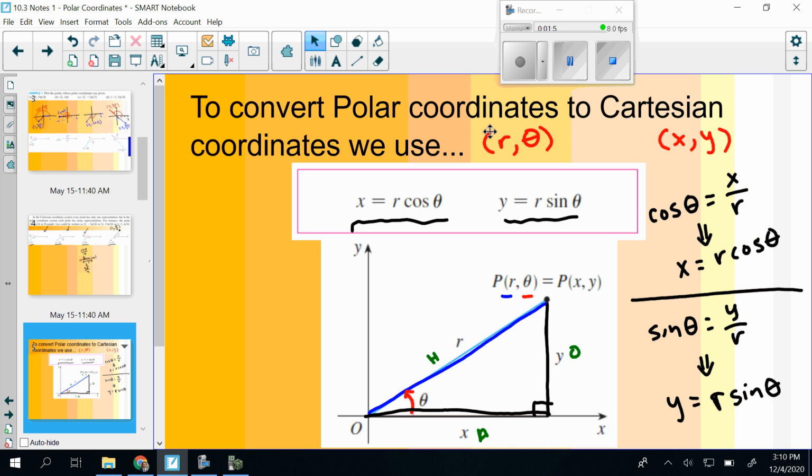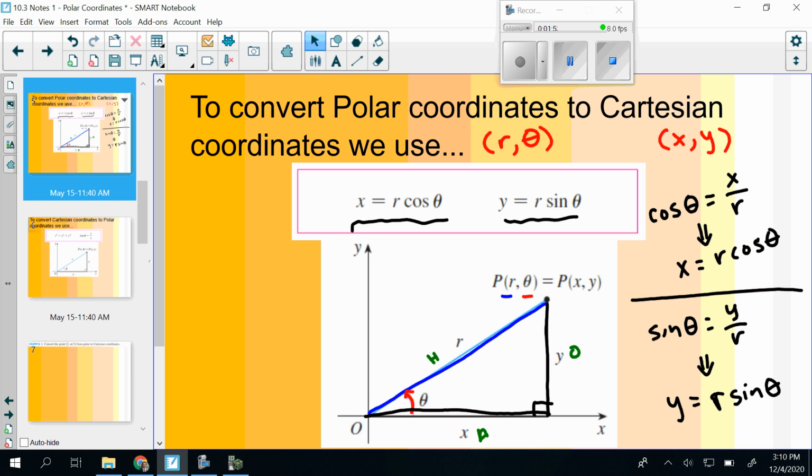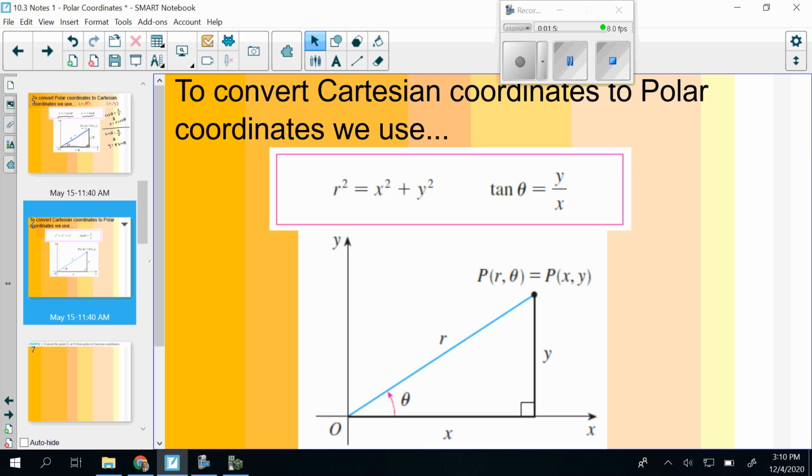If we want to go the other way and convert from Cartesian coordinates to polar coordinates, we're going to use that same right triangle, but do it a little different here. So if we want to find r, we're going to use the Pythagorean theorem. If we got a squared plus b squared equals c squared, then what that would turn into is x squared plus y squared equals r squared.